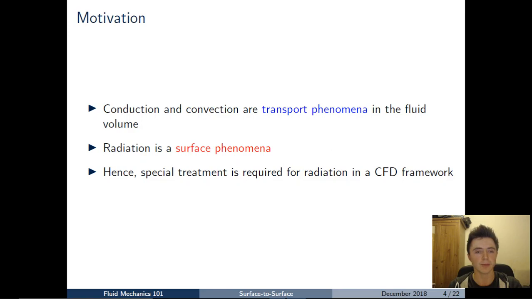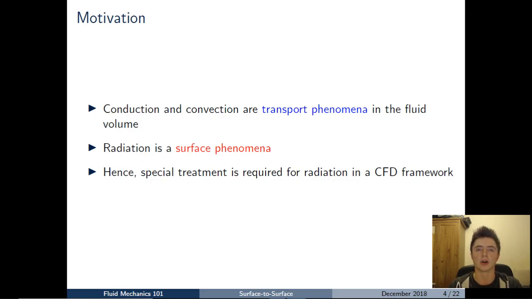So if we have a complex domain, normally with the CFD framework, we construct a mesh throughout the fluid volume and use that to solve for the conductive and convective heat transfer. But radiation is only occurring off the surface of our bodies, as we usually find that the medium, whether that be water, another fluid, or a gas, doesn't tend to participate in the radiative phenomena. So radiation is only occurring off the surface.